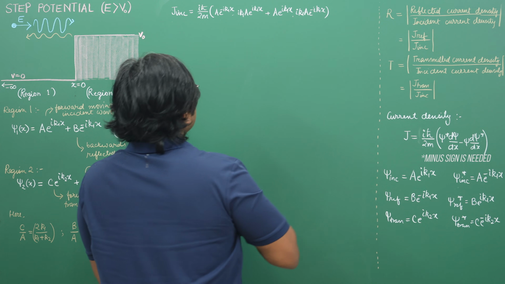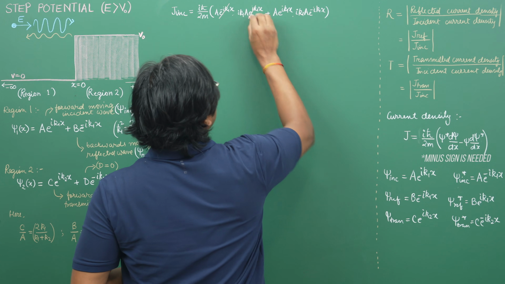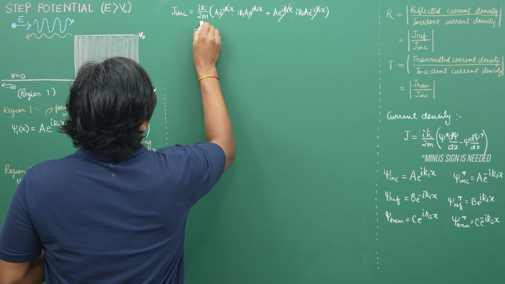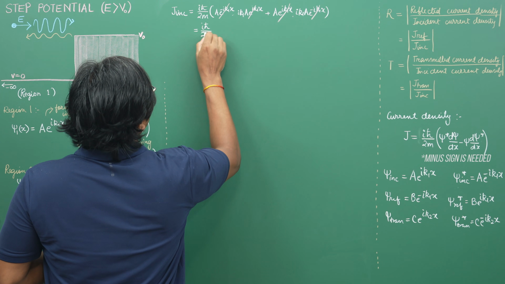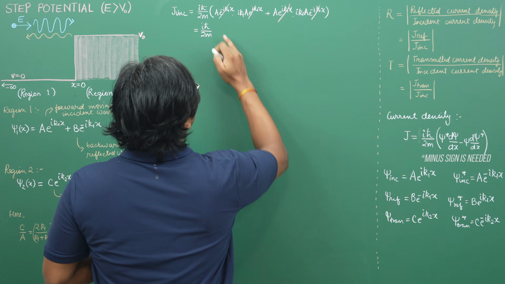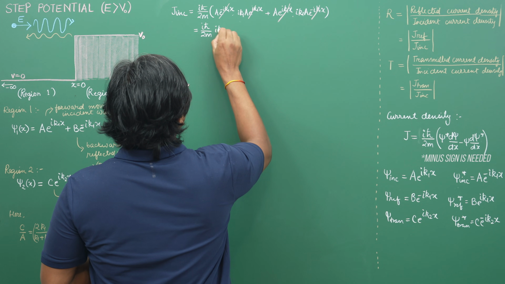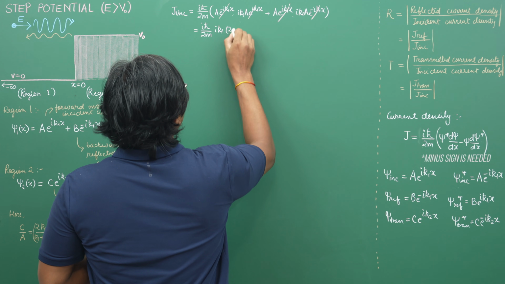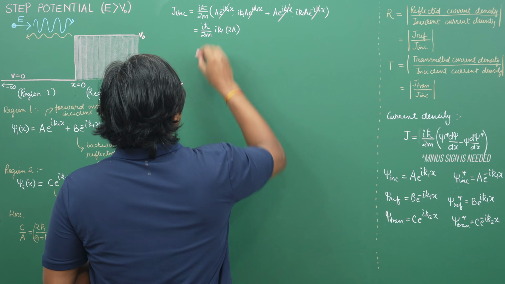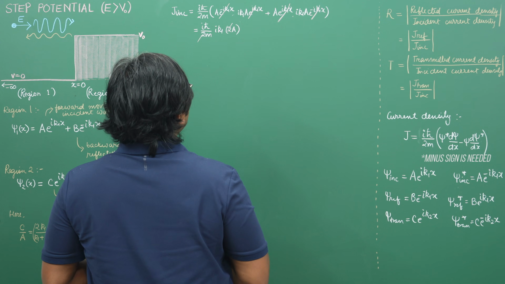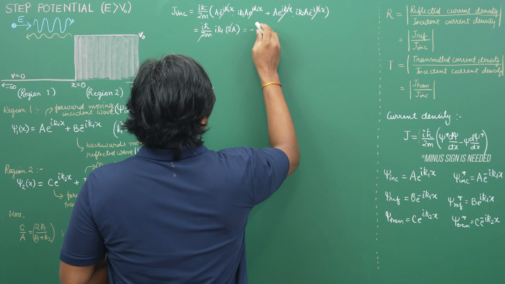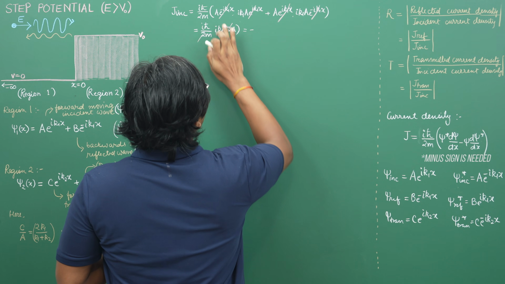Not very complicated, just these terms get cancelled, and then you are left with iota h cross upon 2m, and then here you take iota k1 out, and you end up getting twice a. So 2 gets cancelled again, and iota becomes iota square, which is minus. So this is equal to minus, and then this should be a mod square.